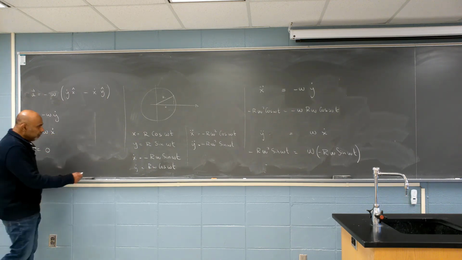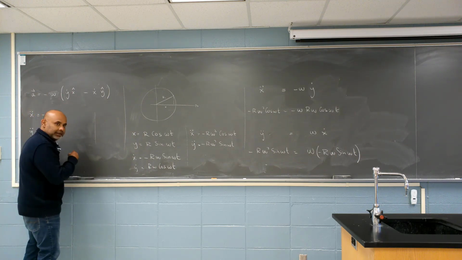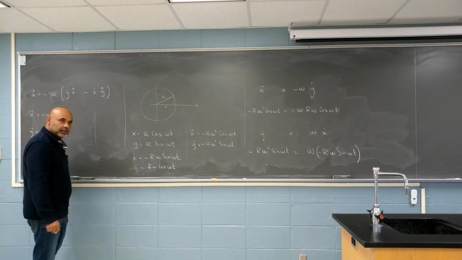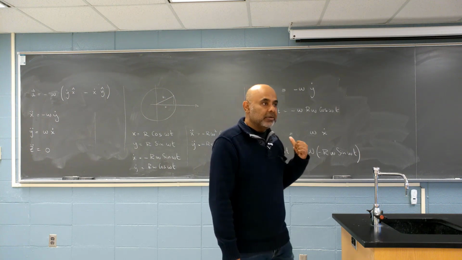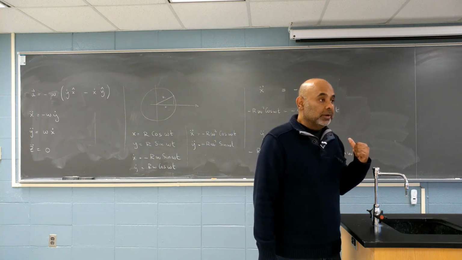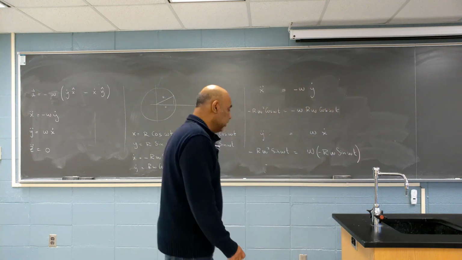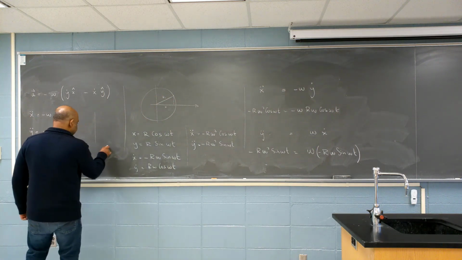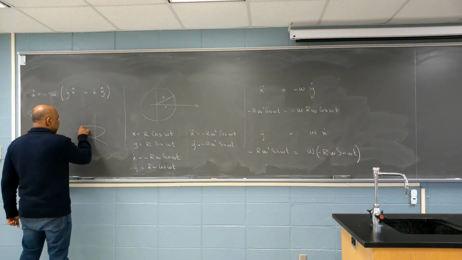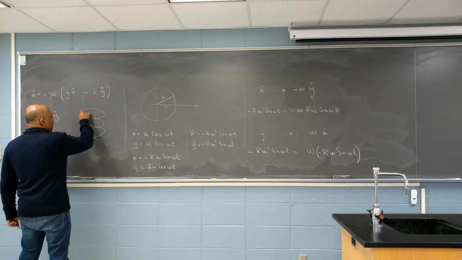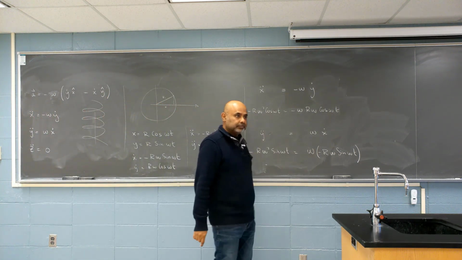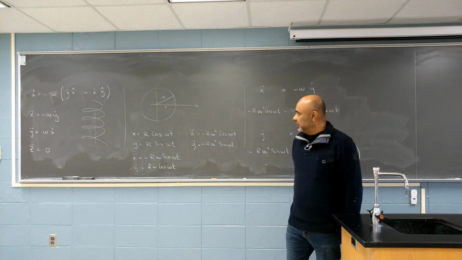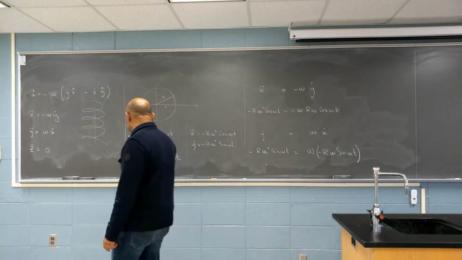So instead of pushing it in the xy plane, what if I gave it a little push that way? The z velocity is not going to change because z acceleration is 0. So instead of a circle, I get a nice helix. That's what happens.